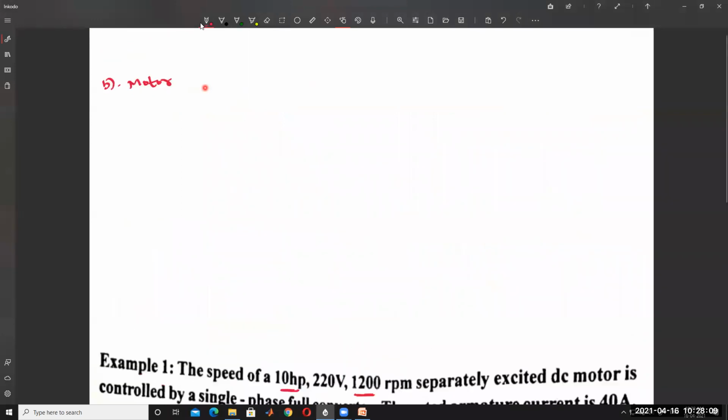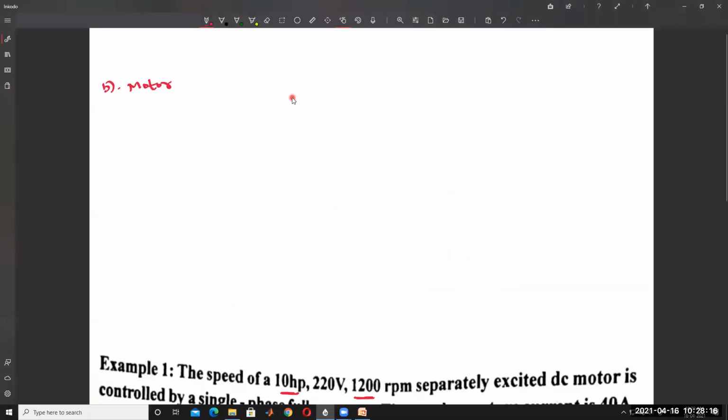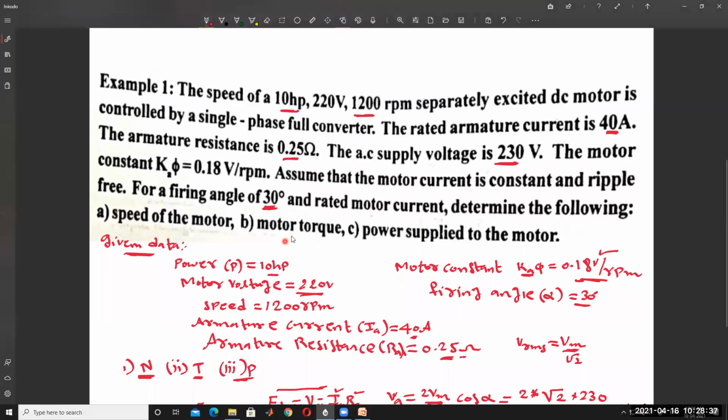Torque is equal to K into pi into IA. This is called the motor torque equation. The K into pi is called motor constant, known as 0.18 volts per RPM.